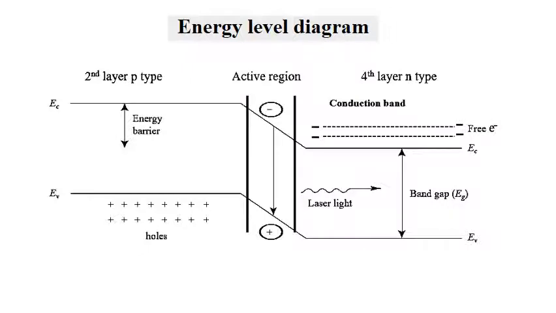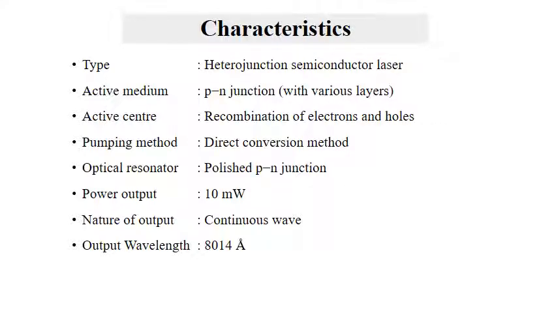So we have the third layer, that is the active region, and on either side you have the second layer and the fourth layer, which are made up of gallium aluminum arsenide, and the active region is made up of gallium arsenide. Characteristics: here the type is heterojunction semiconducting laser.